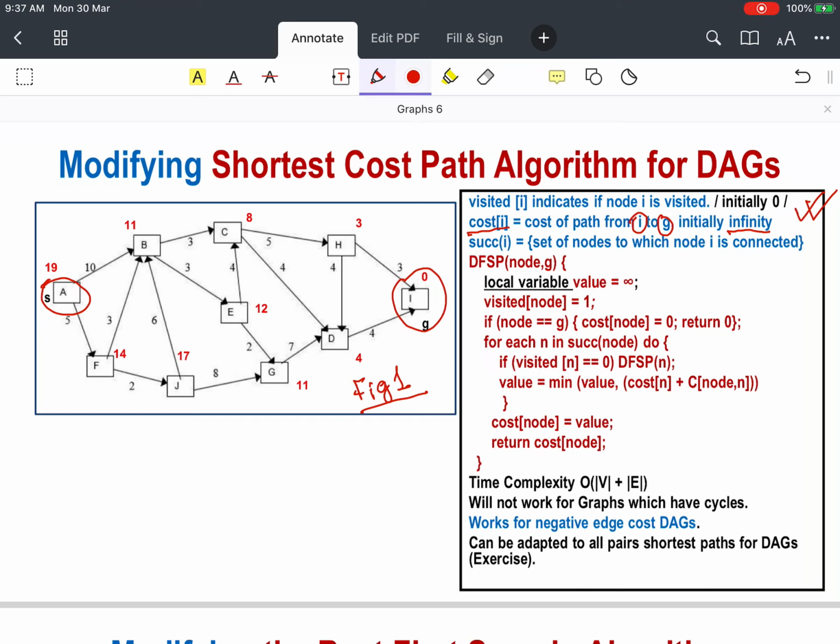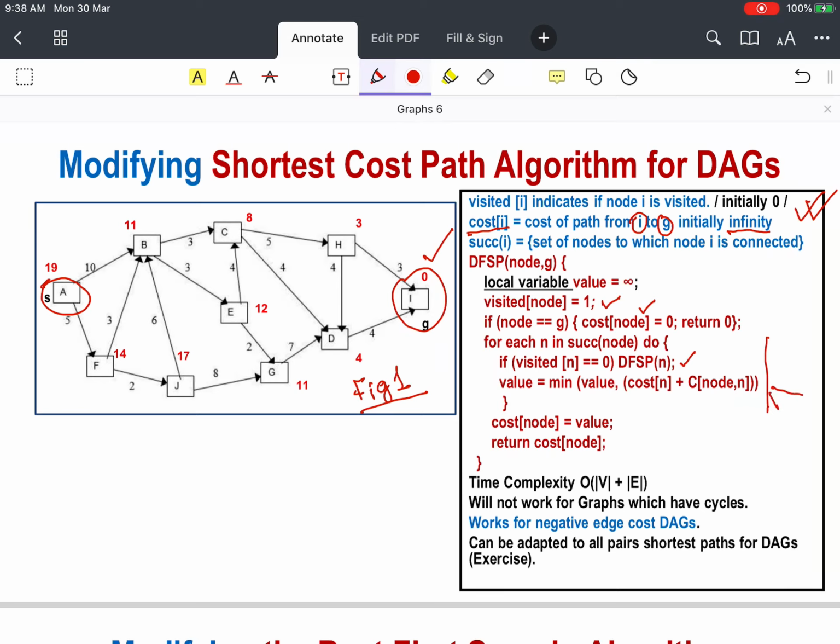And if we quickly revise that algorithm, what we did was we marked the node visited. If the node was goal node, then we defined its cost to be 0, like in this case, and we returned. Otherwise, for every successor, if it was not already visited, then we did a visiting to that node.